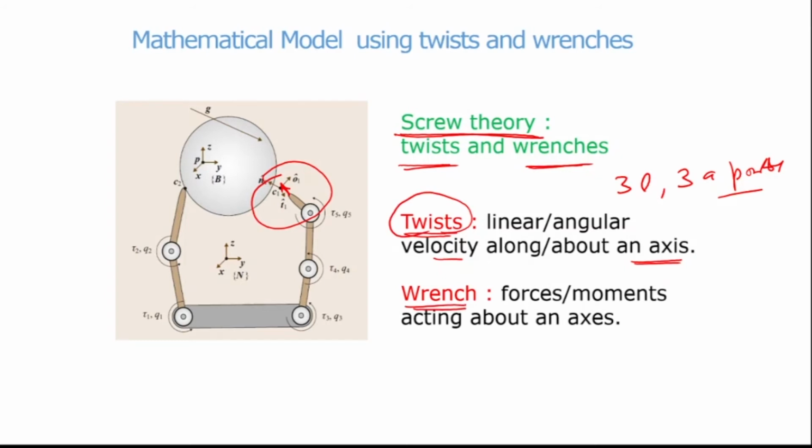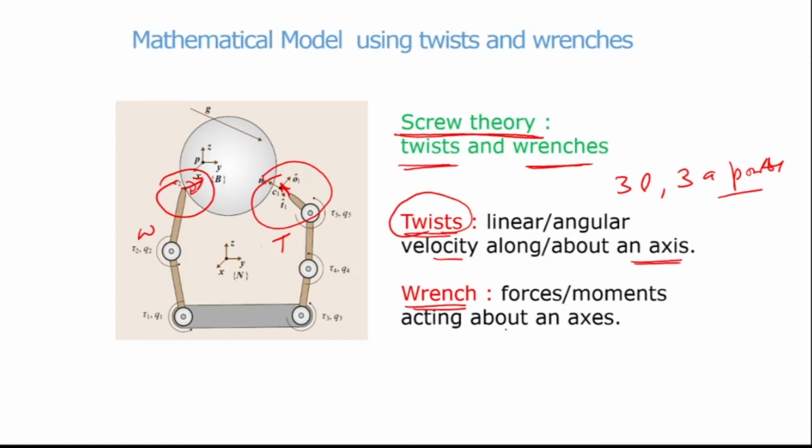Wrenches are the forces and moments which can be applied to an object about an axis. Here we talked about twists, here I'm talking about wrenches. In the case of wrenches, this finger can apply some force and some moment. Those are the forces and moments acting about an axis which the finger can apply to the object.